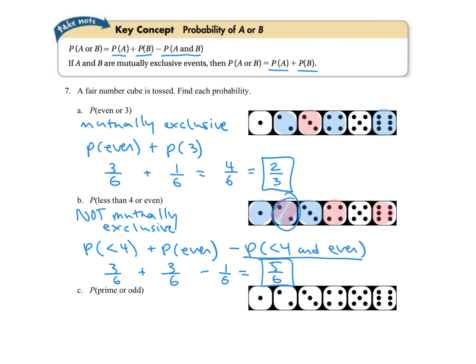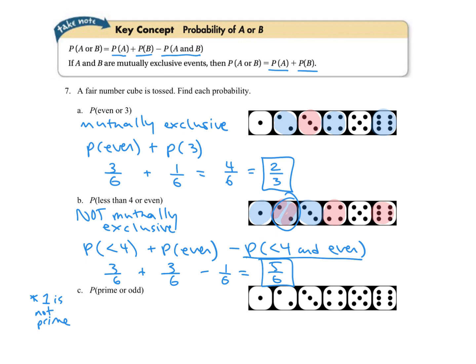Okay, one more example. The probability of prime or odd. It's important to note that 1 is not prime. So our prime numbers don't include 1, and they are numbers who are only divisible by themselves and 1.